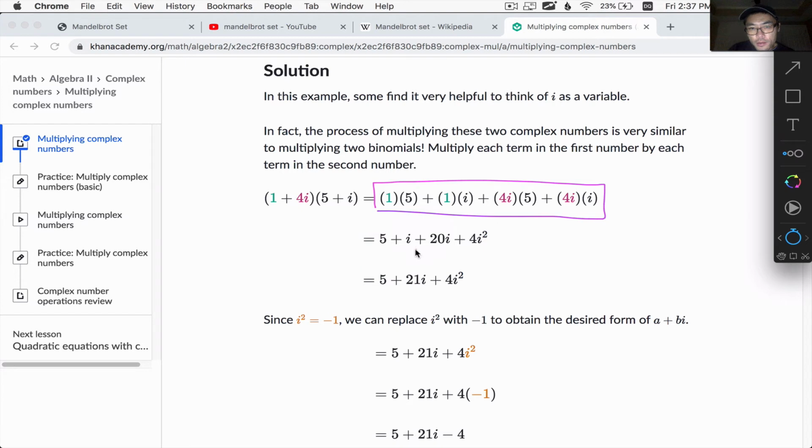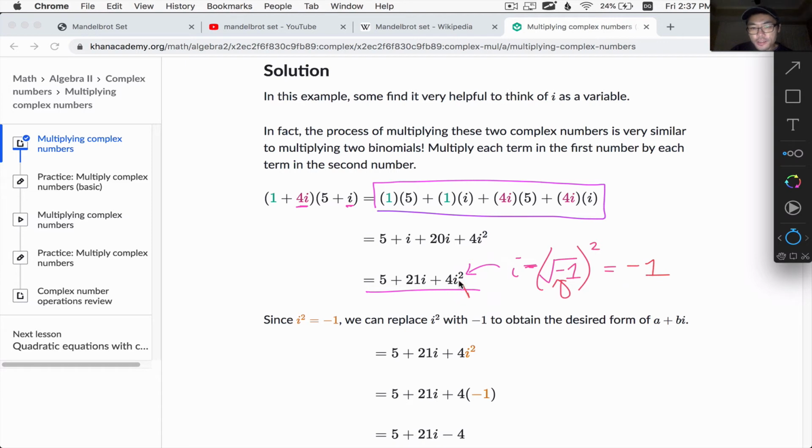Now, one thing you'll get at the end is you'll see that there's an i squared, because this guy multiplied by this guy, both of them having an i, you end up with an i squared. And because what is i? Well, remember i is the square root of -1. If we square that guy, if we square the square root of anything, you get back the thing on the inside.